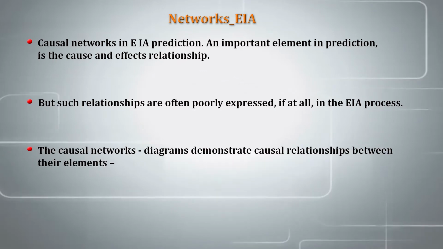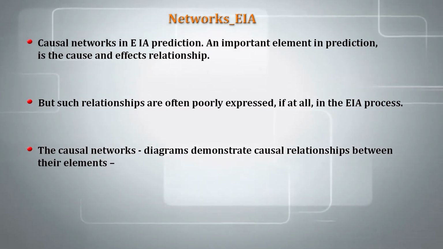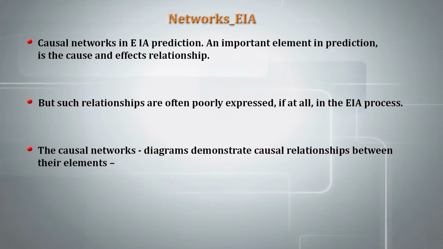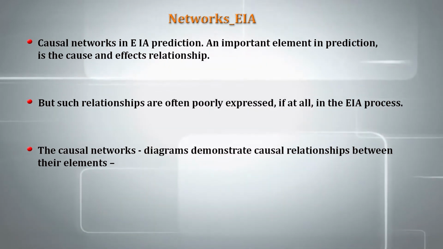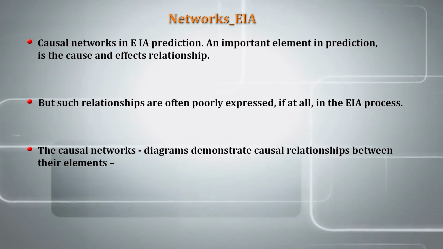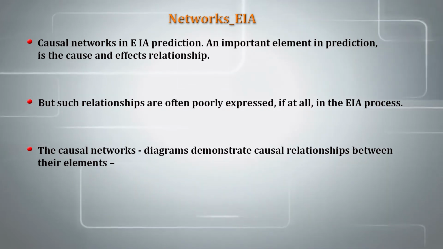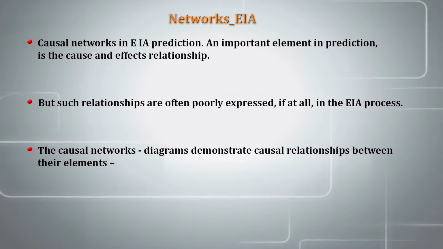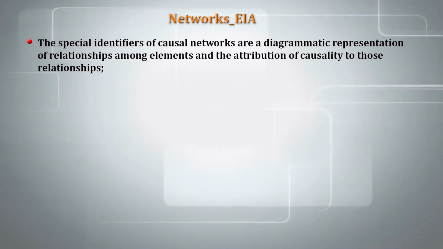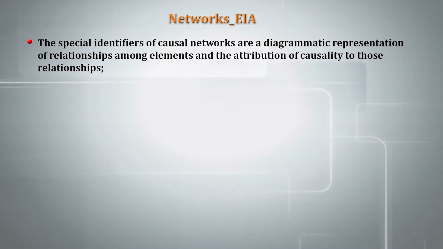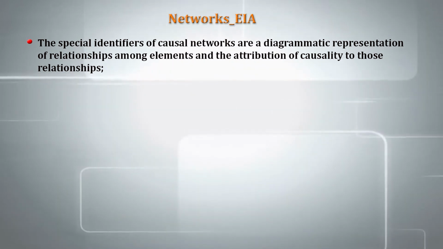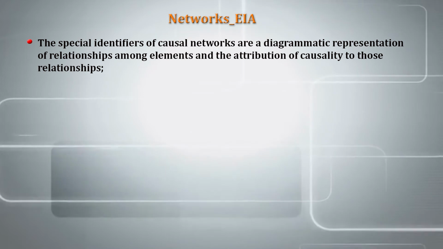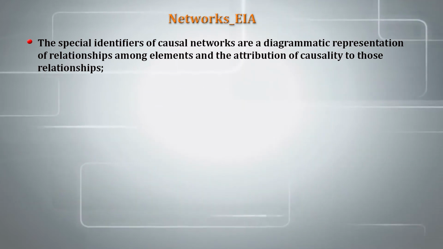So the causal network diagrams demonstrate the relationship between the elements of the project and also the environment. The special identifiers of causal networks are the diagrammatic representation of relationships among the elements, and the attribution of causality to those relationships.